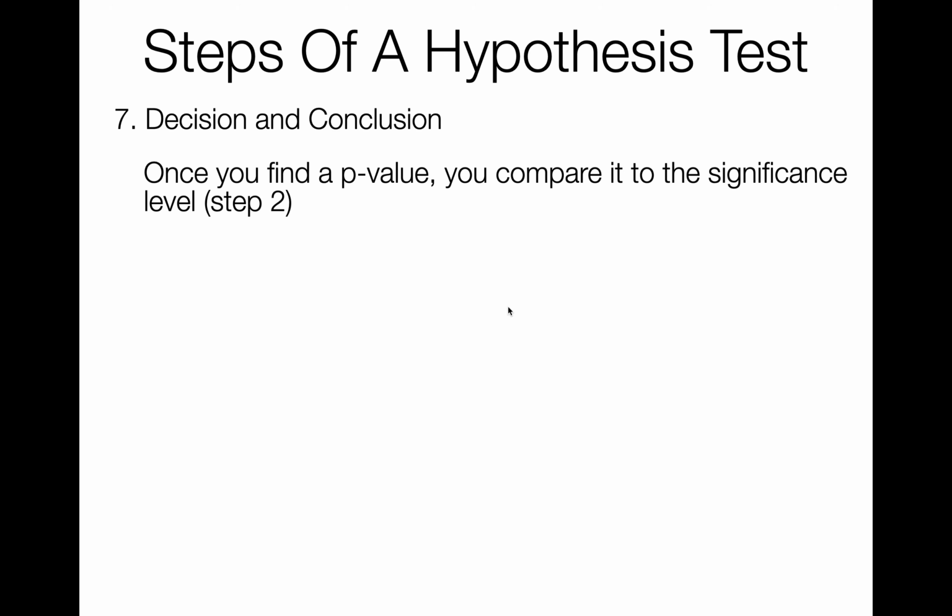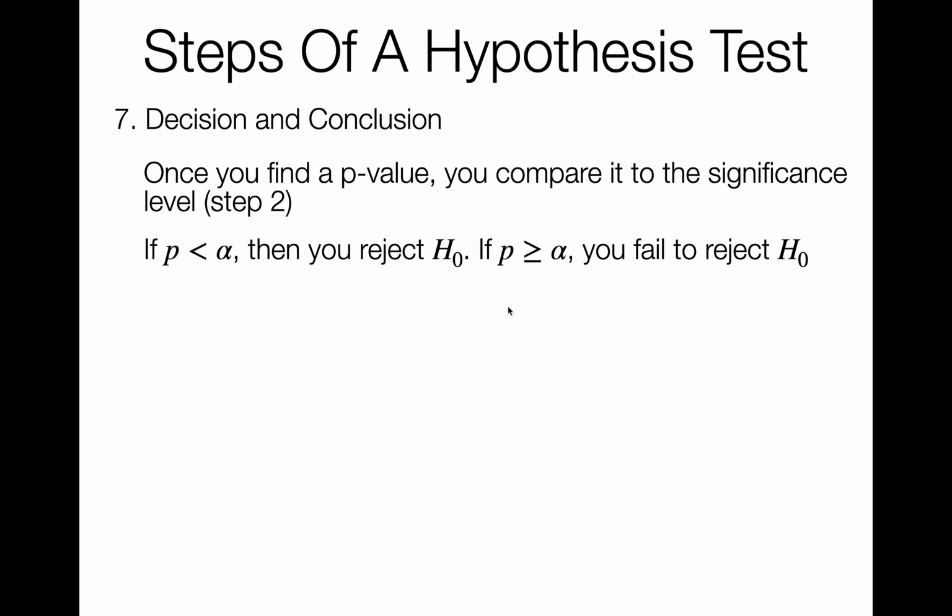Once we find the p-value, you compare it to the significance level, which is actually step 3. It shouldn't say step 2. Step 3, you compare it to the significance level. If the p-value is less than that significance level, then you reject the null hypothesis. If it's greater than or equal to the significance level, then you fail to reject the null hypothesis.